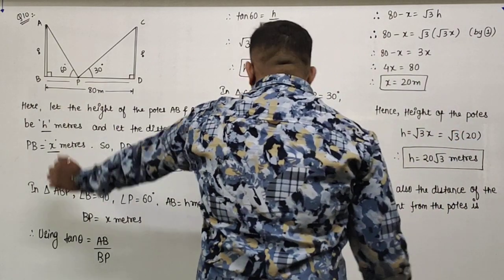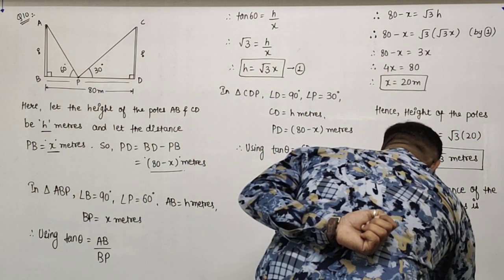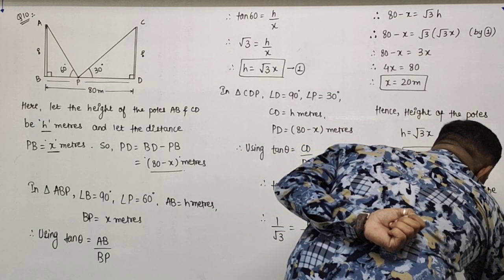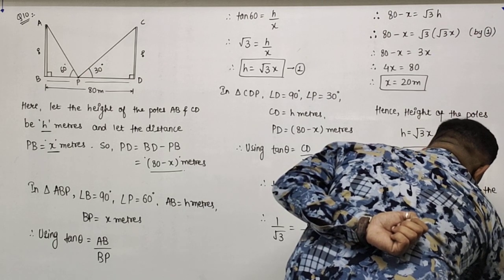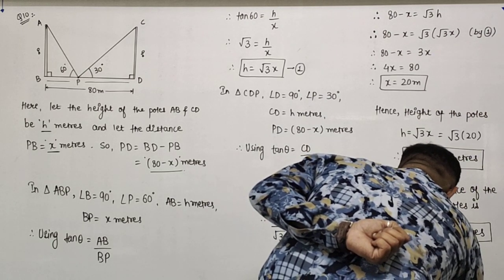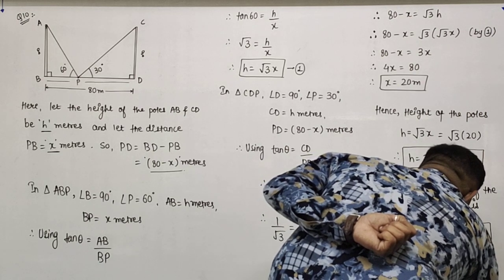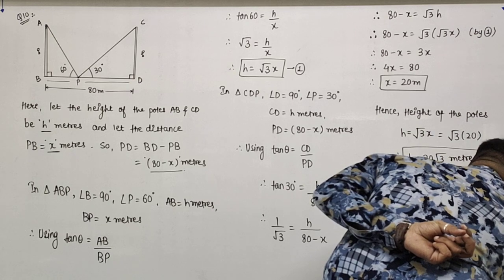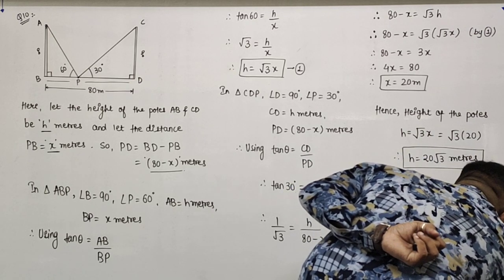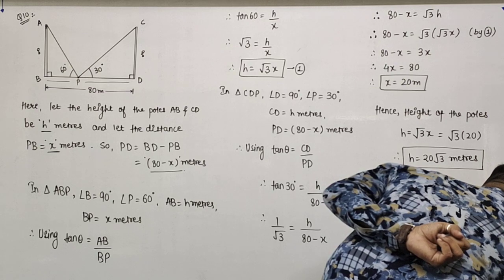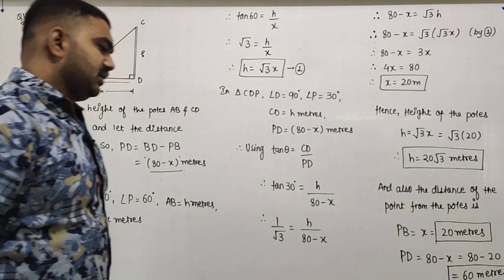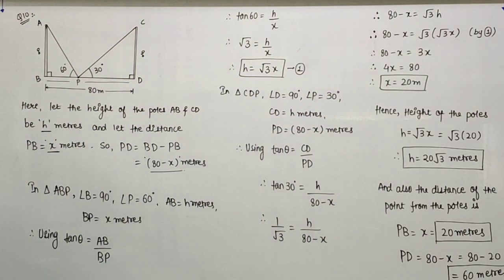The first distance PB is equal to x, which is 20 meters, and PD, the second distance, that is 80 minus x, which is 80 minus 20, which is equal to 60 meters. So these are the final two answers of the distance of the poles.